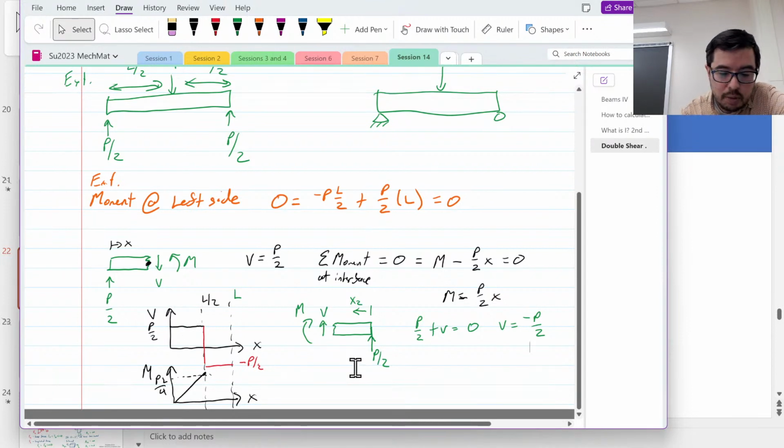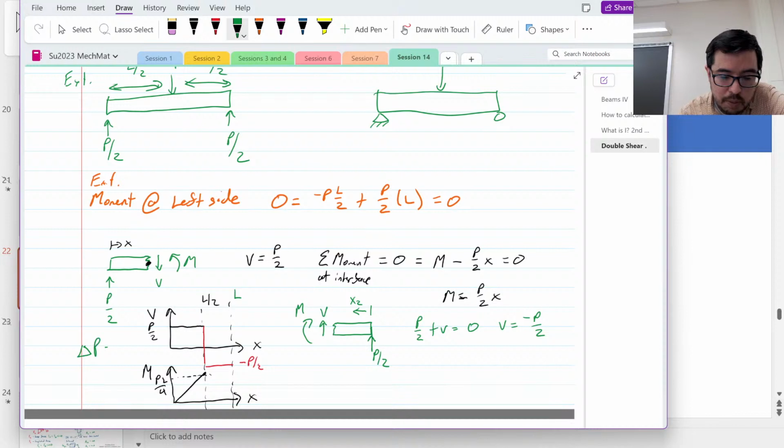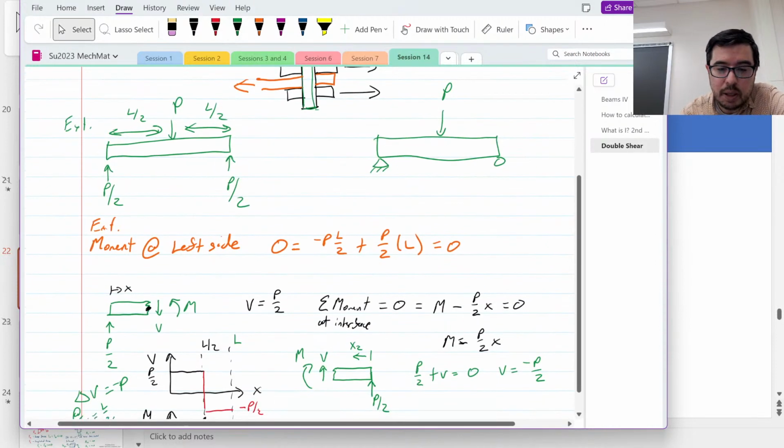What I'm trying to say here is the other thing that we've talked about recently is that the delta V at x equals L over 2 is equal to minus P. That's this P up here.